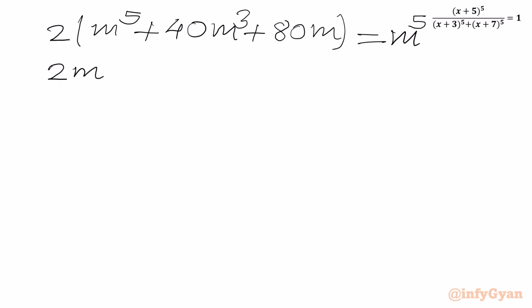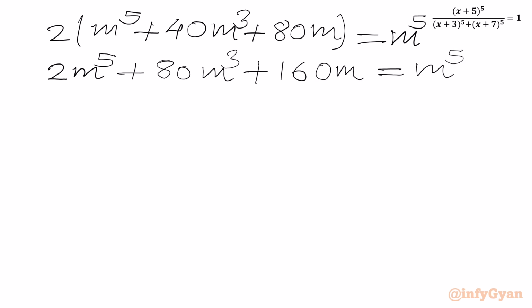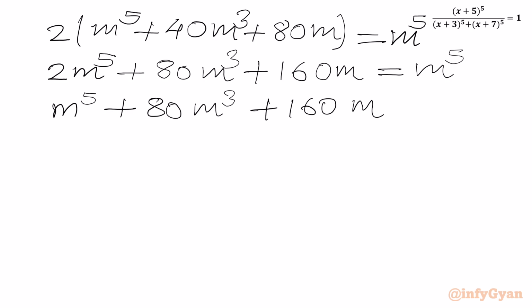I will write 2m^5 plus 80m cube plus 160m equal to m^5. Take all the terms to LHS. We will get 2 minus 1 is 1. So m^5 plus 80m cube plus 160m equal to 0.